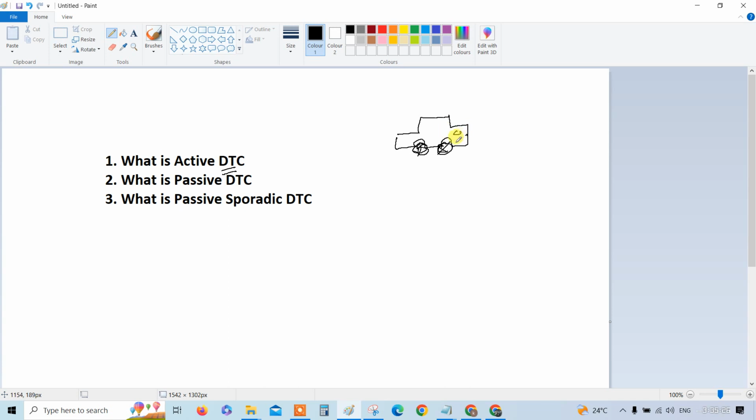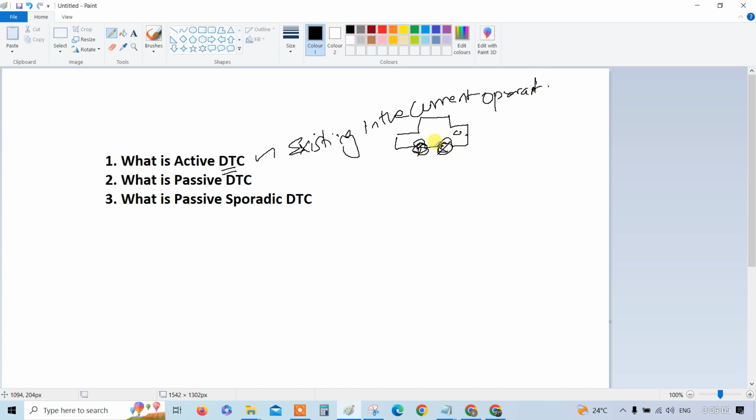How the fault can be retrieved and delivered as a visual or audio warning to the driver is by using active DTC. So in simple terms, active DTC is a fault that is active, that is confirmed, that is existing in the current operation cycle.